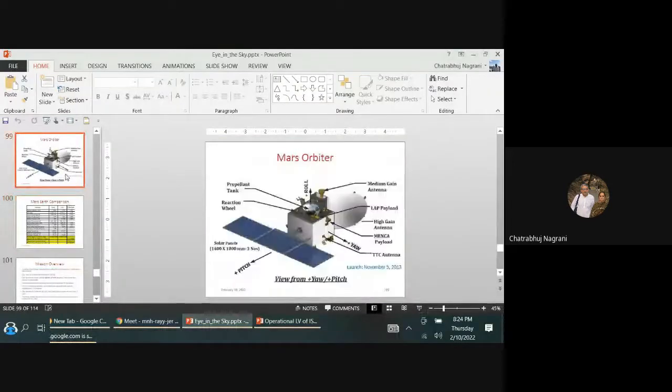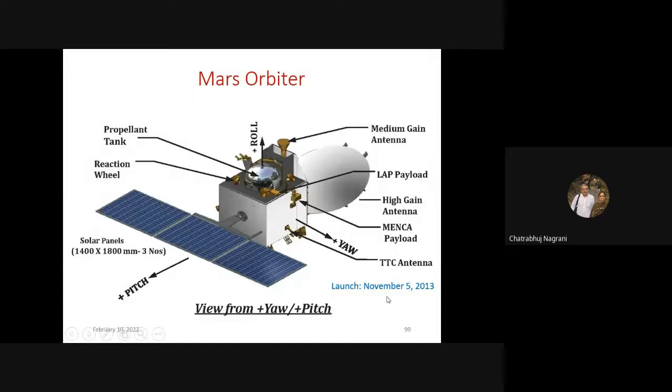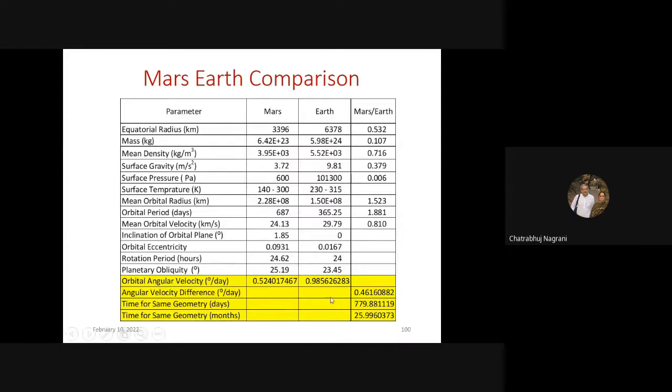We launched on November 5, 2013. Why? What is so special? If we miss that, we will have to wait for 26 months. Why? You can see here, there should be a particular angle between Earth, Sun, and Mars and our satellite.